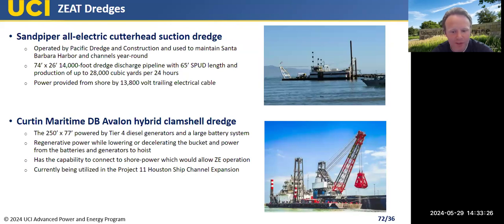The reason I'm including it in my presentation is that, according to Curtin, it does have the capability to connect to shore power, so it could potentially be zero emission operation. But the way these are used, for example, this one's currently being used at the Houston Ship Channel expansion, I don't know how feasible it would be to be connected to shore power, or how often it could be. But nonetheless, it's an interesting dredge, and so I wanted to include it in this presentation. Next slide.